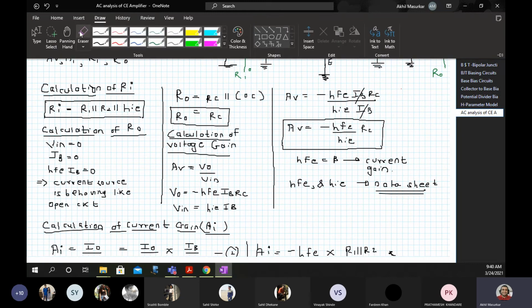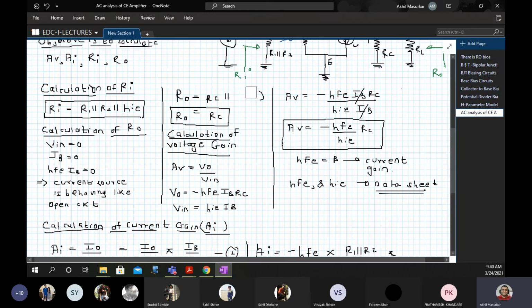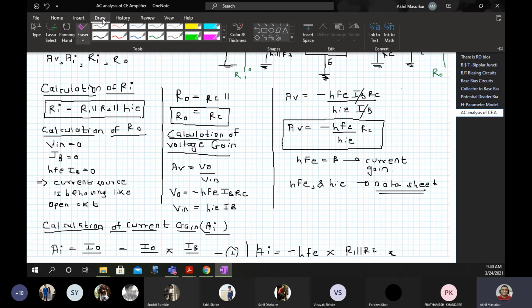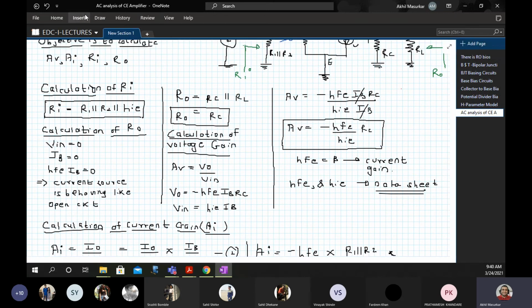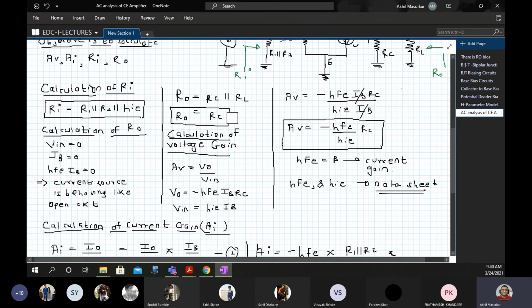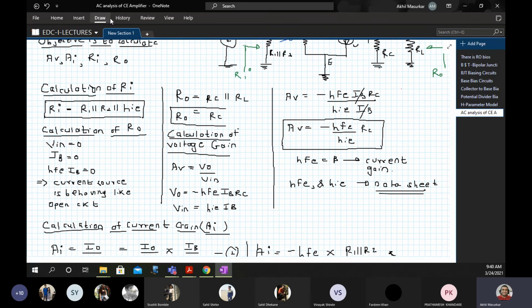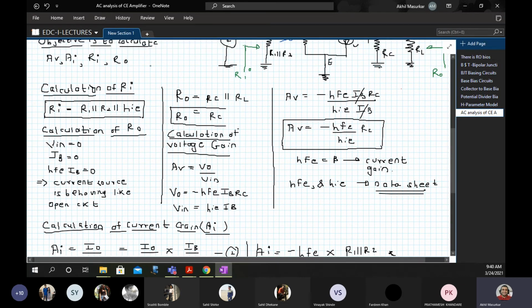So instead of open circuit here, now we have RC parallel with RL, and here instead of R0 we will have RC parallel RL. So here also instead of V0 we will have RC parallel with RL.